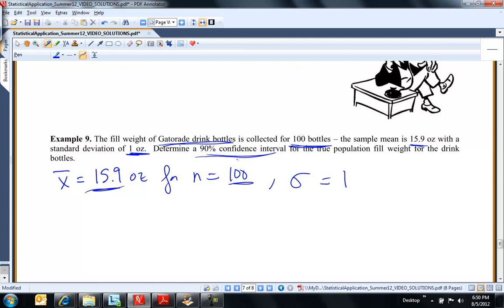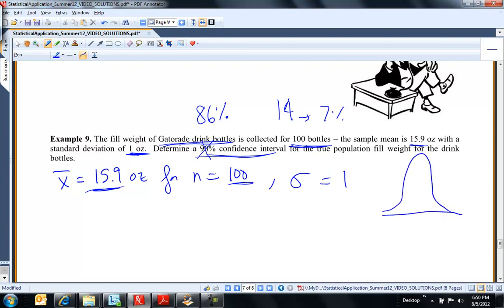Let's change that because we've done so many 90s. Let's make it an 86% confidence interval. So what is 86? That's 0.86, so we want 7% in each tail, right?